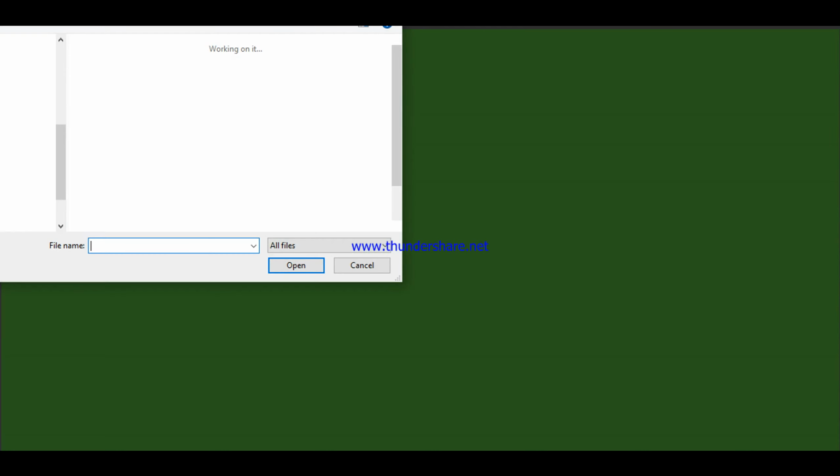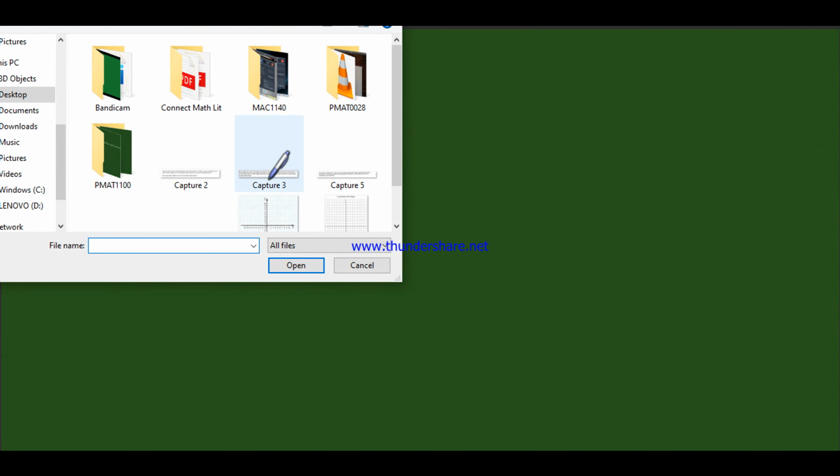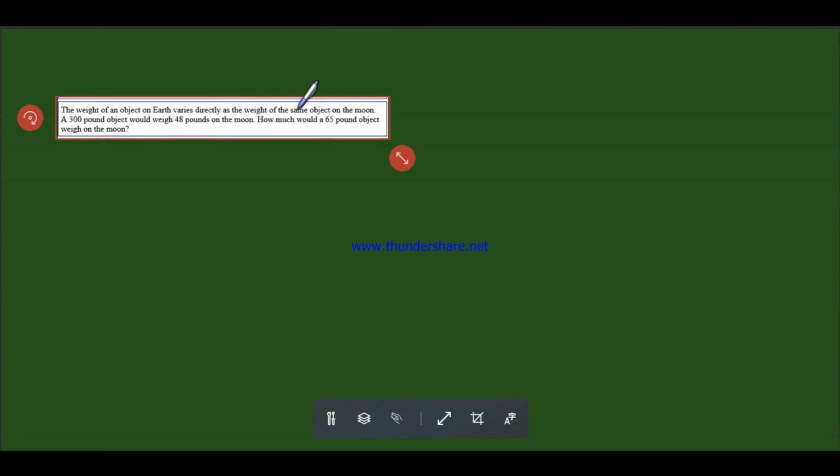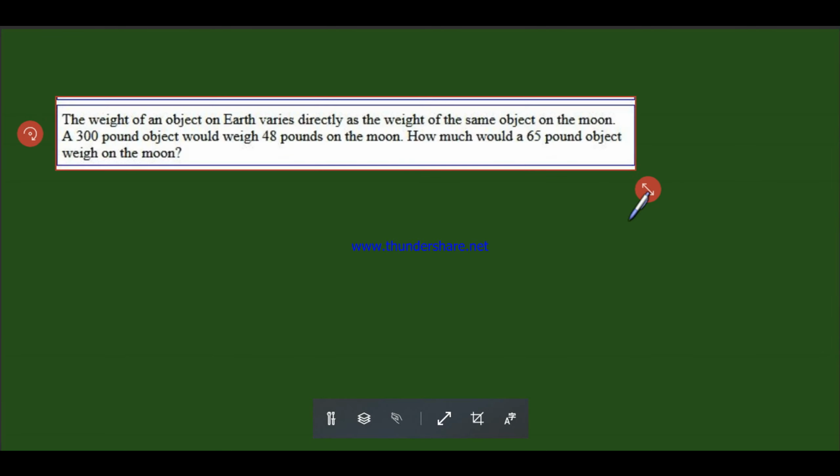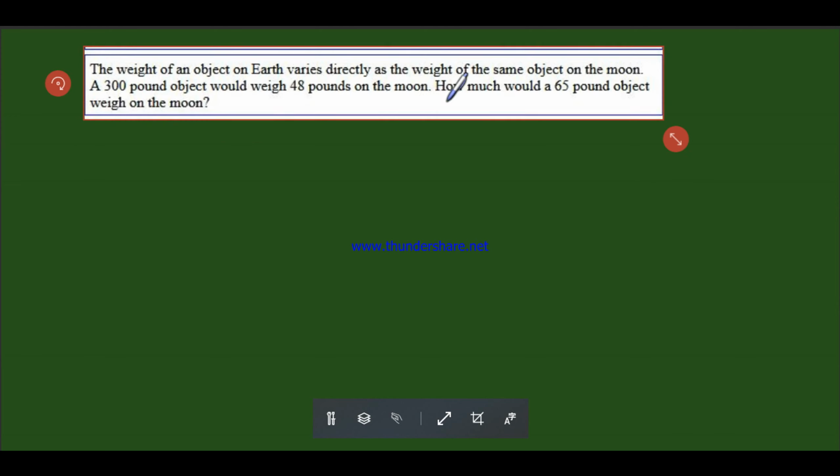So, example 7, I believe, right? Let's see what this is. Again, we find quantity, right? So let's read the problem to get the weight of an object... Oh no, I'm sorry.